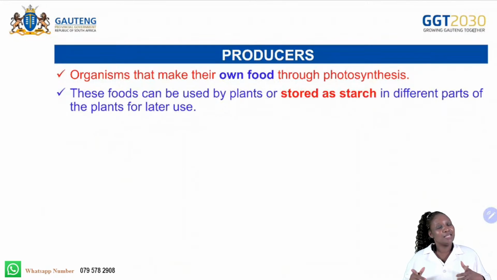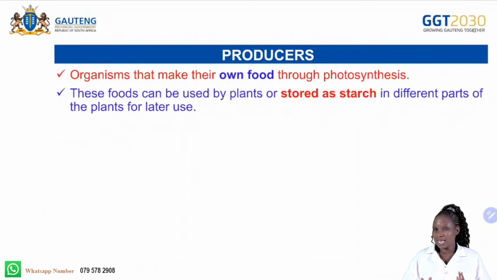And then the carnivores are going to feed on the animals only. Okay, we've got the carnivores, and within the carnivores, there are categories. We've got different types of carnivores. We've got the scavengers, we've got the predators, and the insectivores. All right. These foods can be used by plants or stored as starch in different parts of the plants for later use.